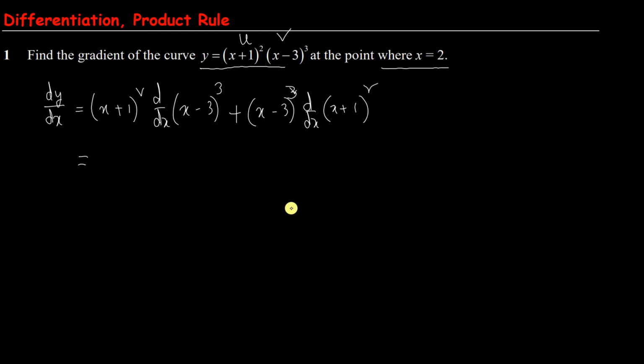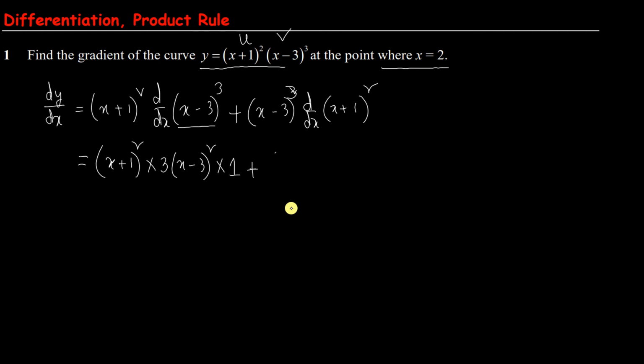Just differentiate the first part: we do not need to do anything, then into 3 bracket x minus 3 square. If we differentiate inside, we get 1. We can leave this without writing because if I multiply by 1, the expression would not change.